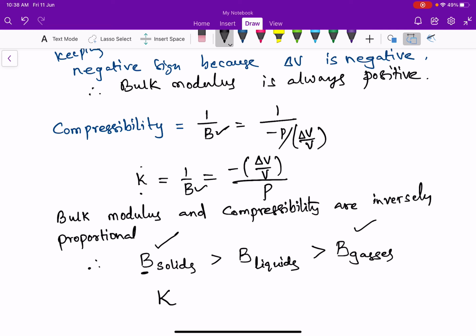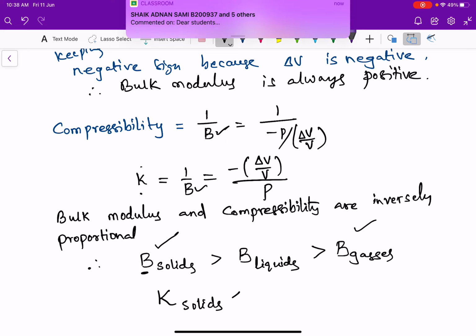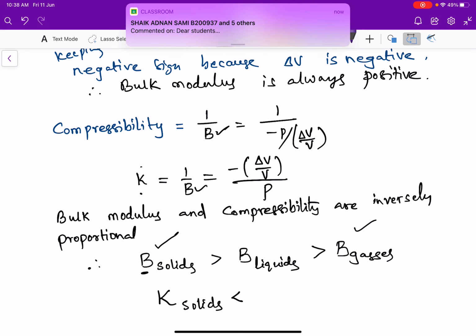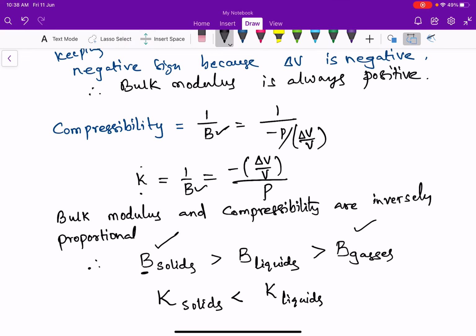That means solids will compress less as compared to liquids, and liquids will be compressed more as compared to solids. Comparing liquids and gases, liquids will be compressed less as compared to gases. So the compressibility factor for liquids is less than the compressibility factor of gases.